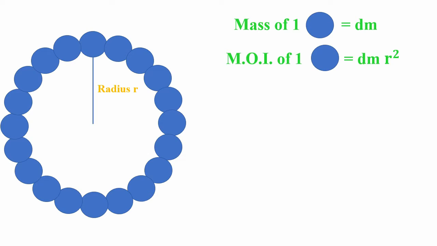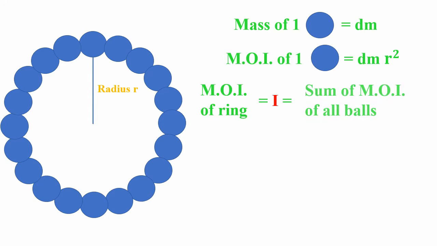To find the moment of inertia of the ring, we must add the moments of inertia of each individual point object. That is, the moment of inertia of the ring I equals the sum of all the dm r squareds, which are the individual moments of inertia of the point objects.